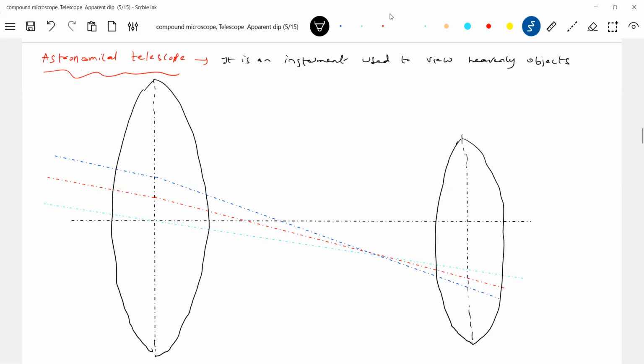Fine. Now there's an objective lens and there's an eyepiece lens.